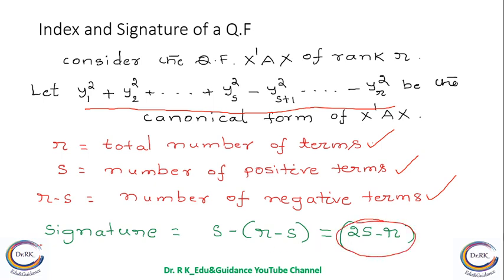This 2s minus r is called the signature. So two terms are important. One is index, the number of positive terms. Signature is 2s minus r, where s is the index and r is the rank of the matrix. These are very important for us: index, signature, rank of the matrix, and the number of variables. Based on this, we'll categorize quadratic forms into various types.